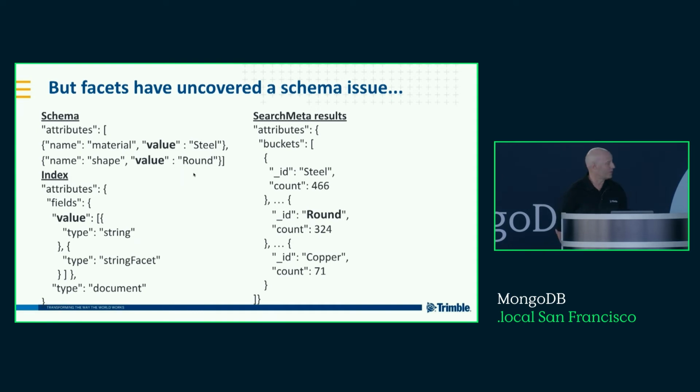Instead, highlighted on the left, we are limited to indexing the value field, which results in all the values being mixed in the attribute buckets. As you can see in the illustration on the right, it means that shape attribute values like round are included in the buckets along with all the other attribute values and not just the material values.